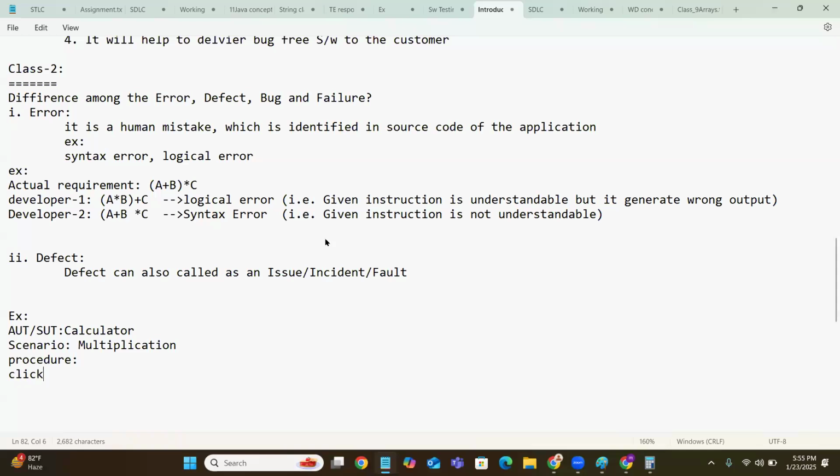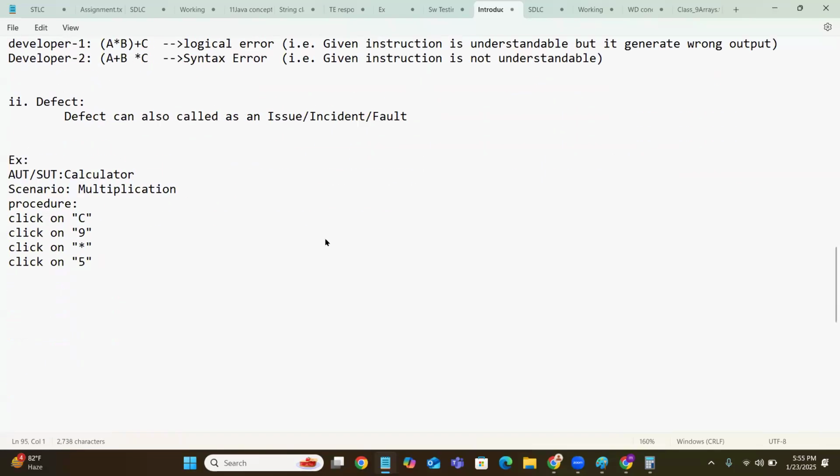So first I need to click on C. Then I want to click on 9. Then I want to click on star. I want to click on 5.